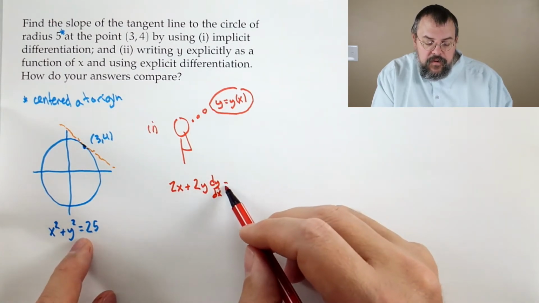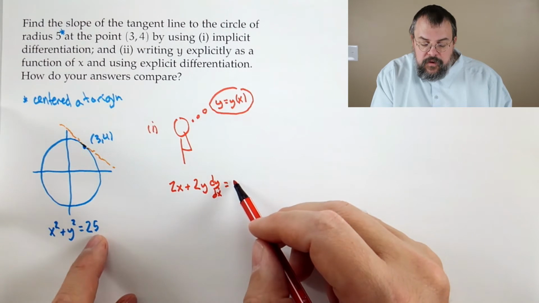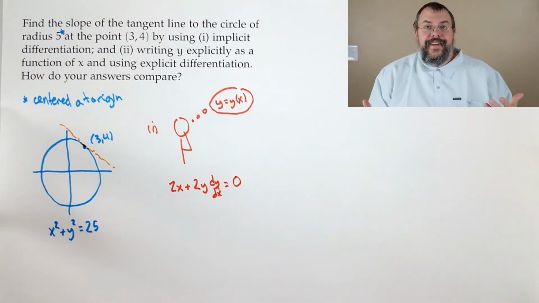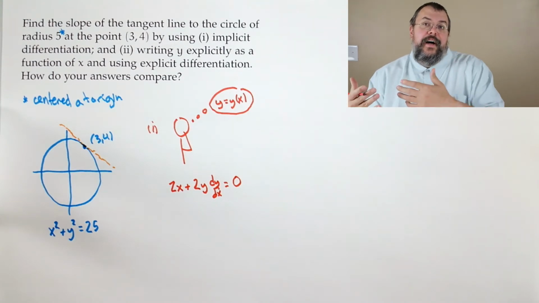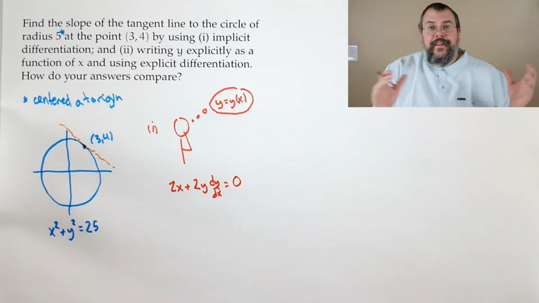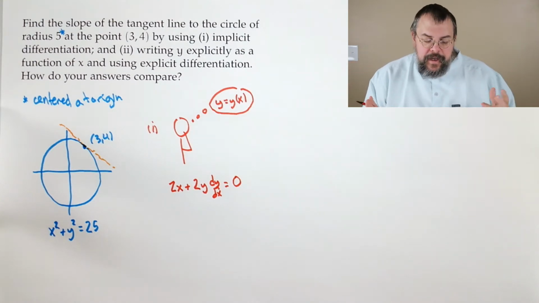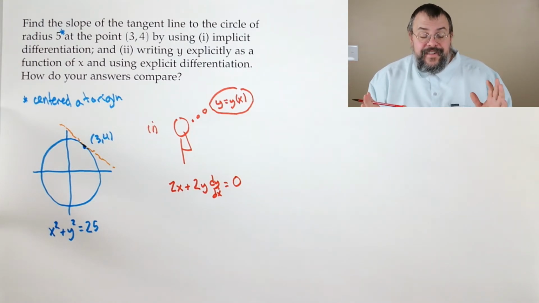Okay, equals, on the other side, the derivative of 25, 0. Don't forget, you've got to take the derivative of both sides. You can't just take the derivative of this side and not that side. They're no longer going to be equal unless you have some weird fluke going on. And let's not count on weird flukes saving us.